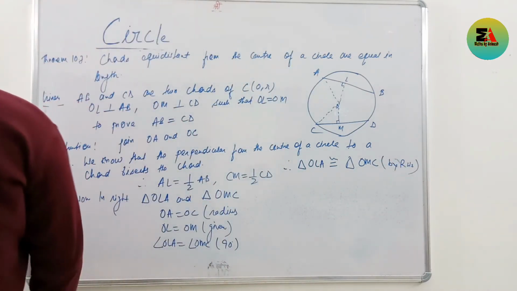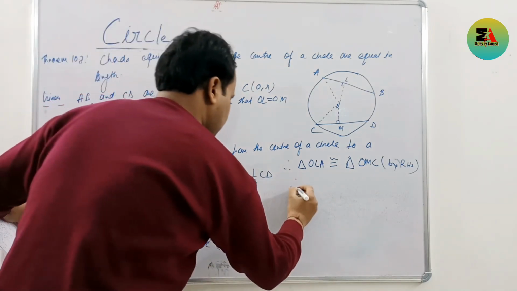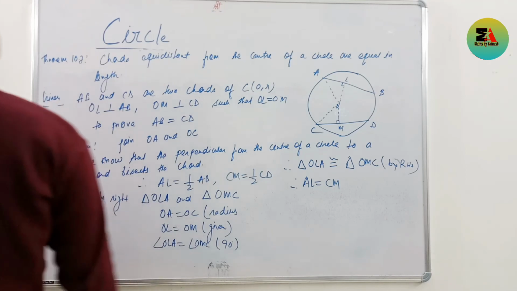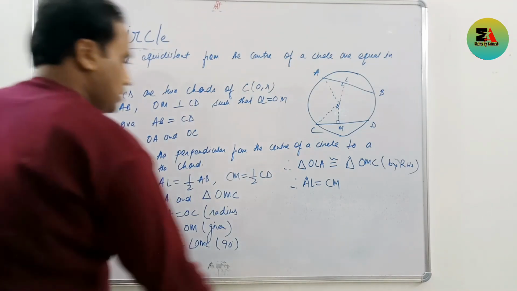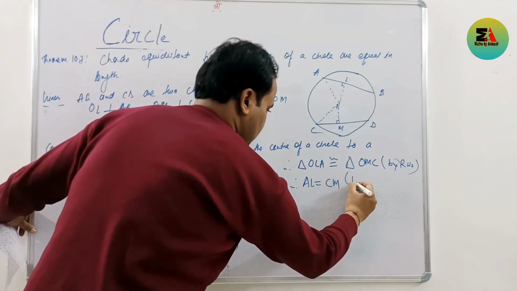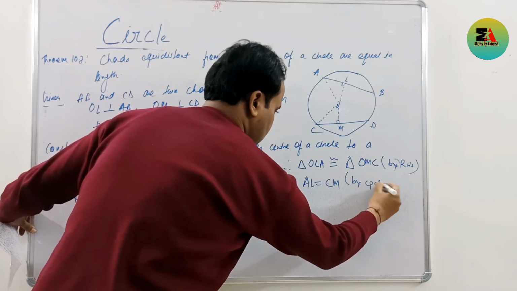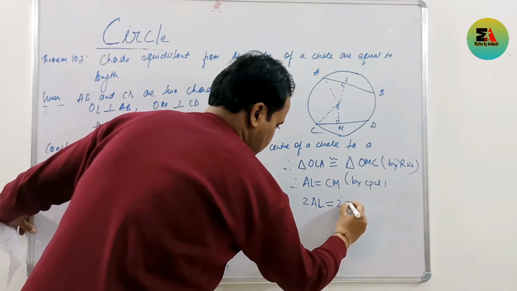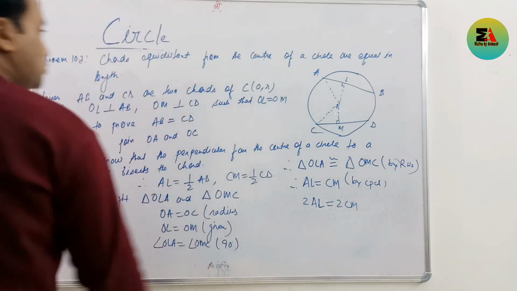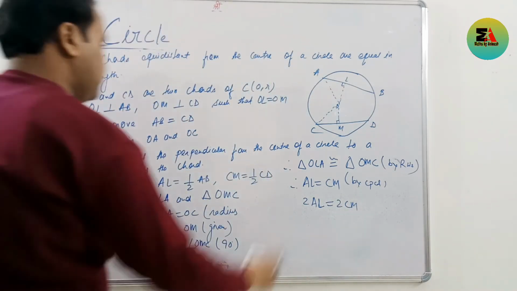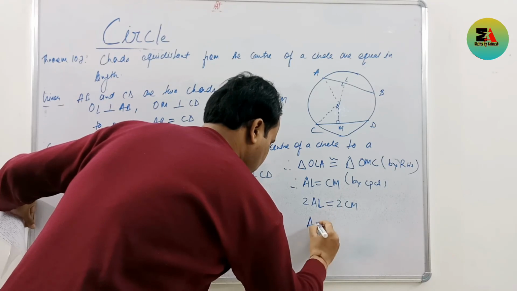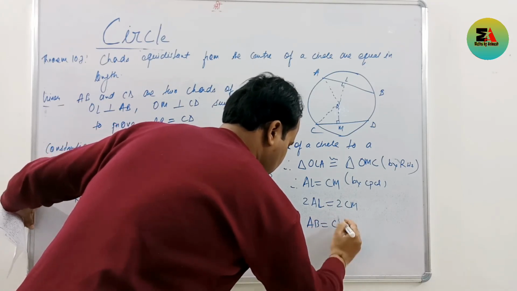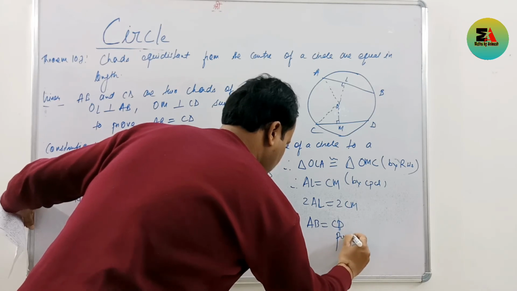When triangles are congruent, AL is equal to CM by CPCT. Then we multiply by two on both sides. Twice of AL becomes AB, is equal to CD. Proved.